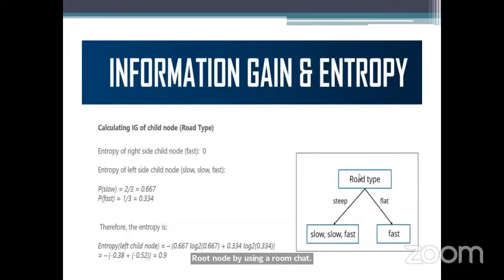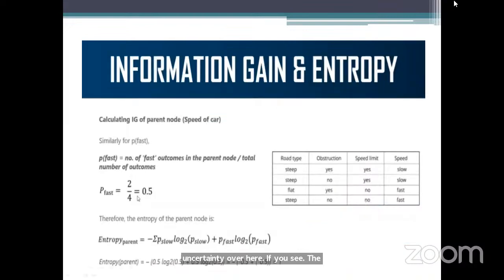variable. Now the entropy of the right hand side is 0. Entropy is nothing but the uncertainty. There is no uncertainty over here. If you see flat, it always moves to fast. Only for steep is there sometimes slow, sometimes fast.